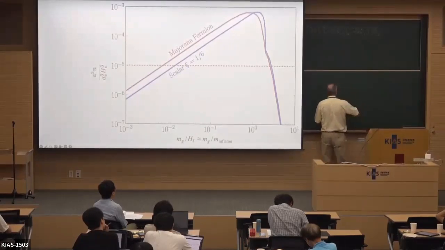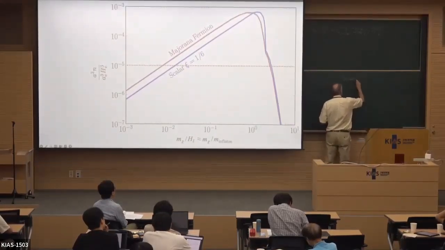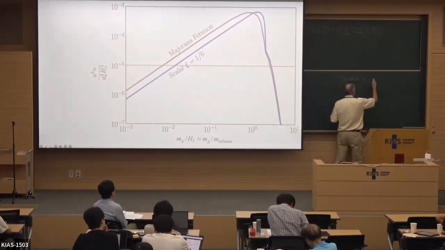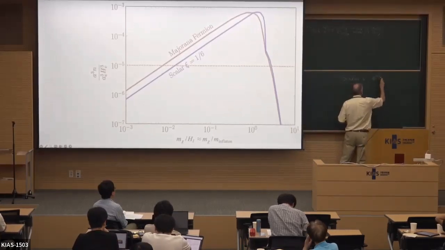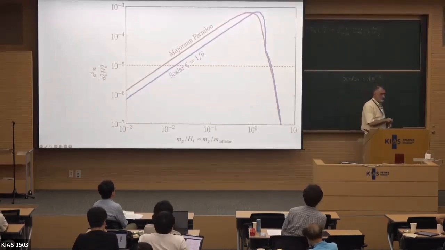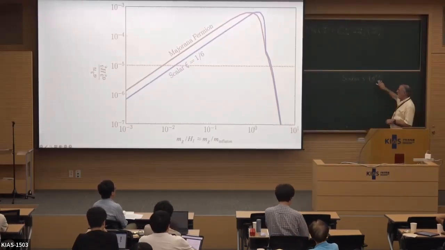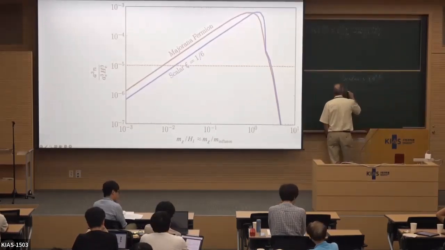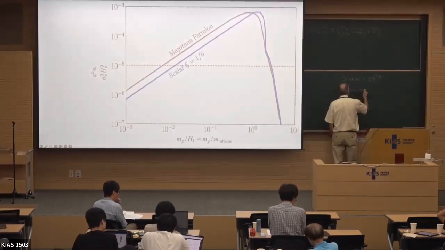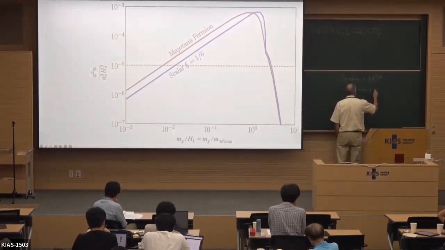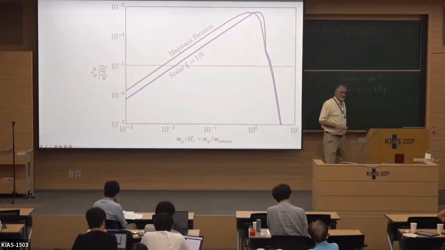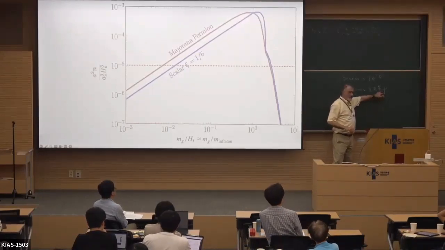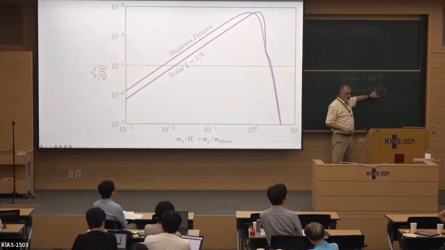For the scalar, we entertained the possibility of a coupling of phi squared times R, and this is a dimension 4 operator. For a fermion, you can also have a non-minimal coupling, R times psi bar psi. This is dimension 3, this is dimension 2, so this is a dimension 5 operator.